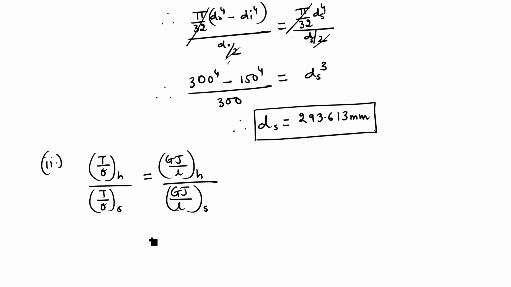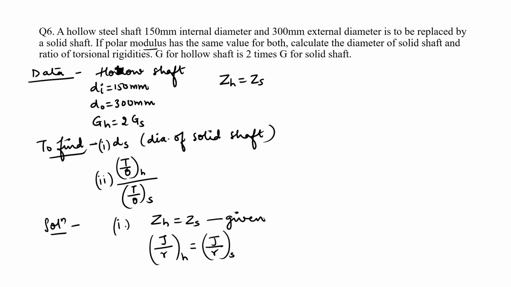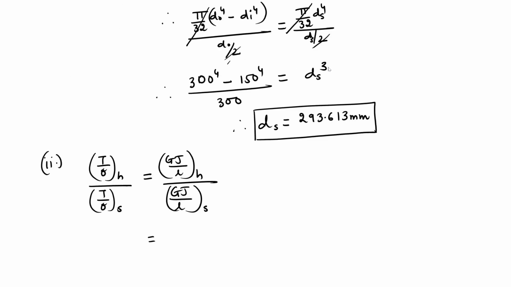So I can write here, the length is going to be same for both. As it is not mentioned, I'm going to consider them as equal. So here the terms that remain is GH JH upon GS JS, considering the length is equal.